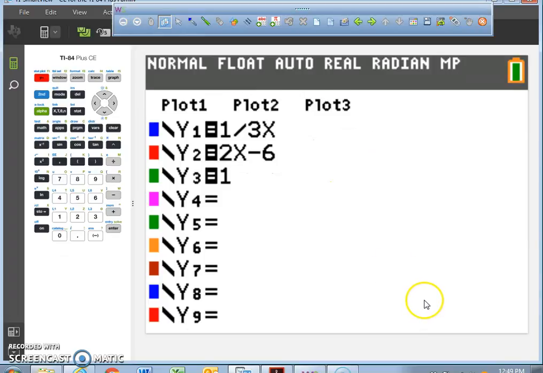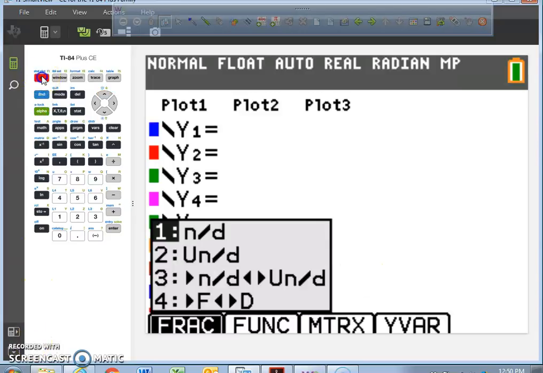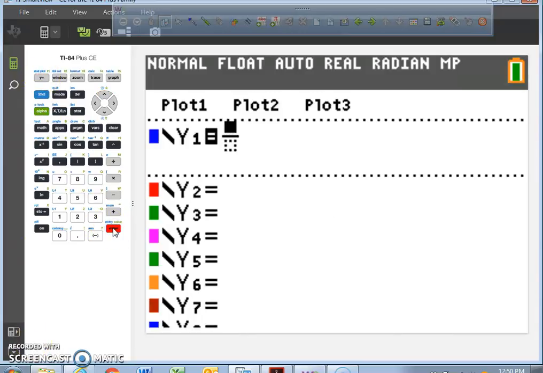Now, I'm going to show you how to use your graphing calculator to only graph the portions of the graph that you need to plot. So hit y equals, clear this out, clear this out, clear this out. Hit alpha, y equals, enter. In the very first graph, do 1 divided by 3x.